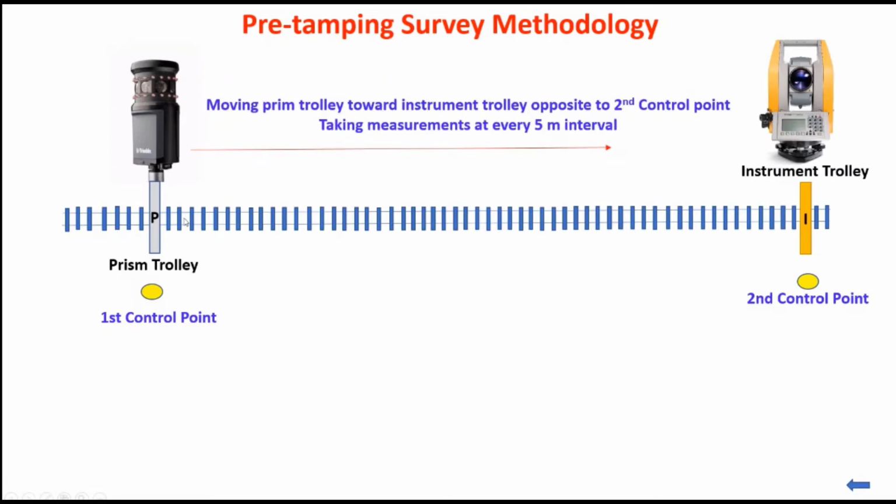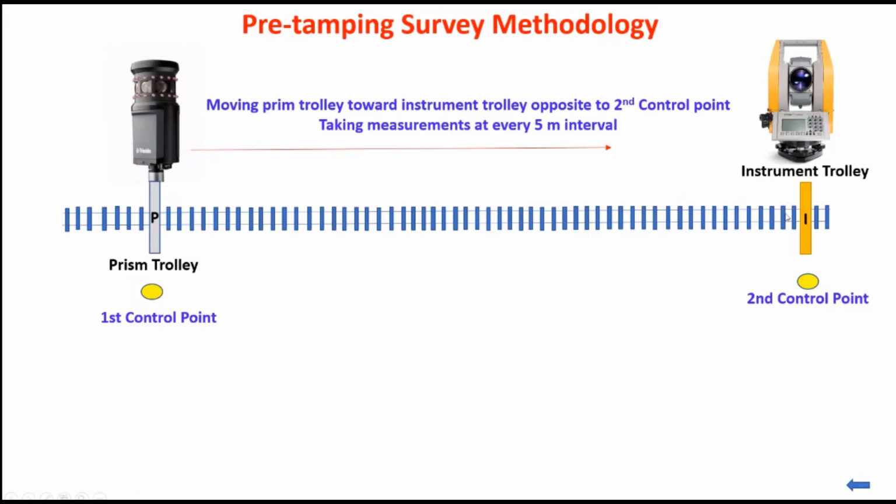Then this prism trolley will be moved towards the instrument trolley, and while moving it will pick up the coordinates at every 5 meter interval. It keeps picking up coordinates at every 5 meter.